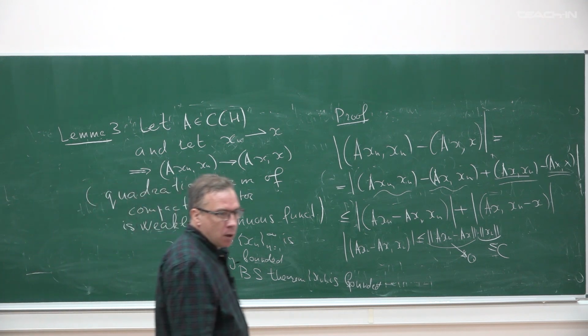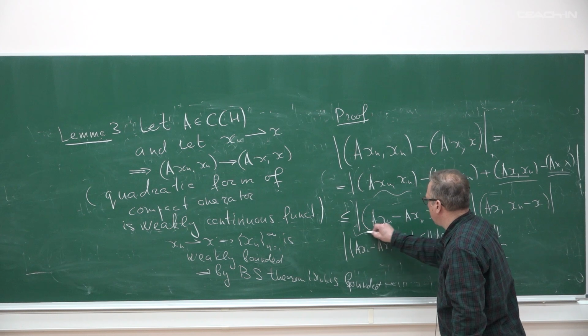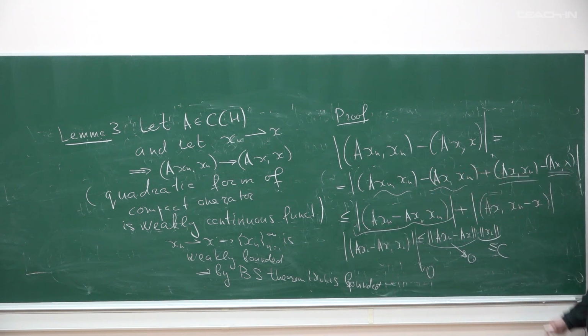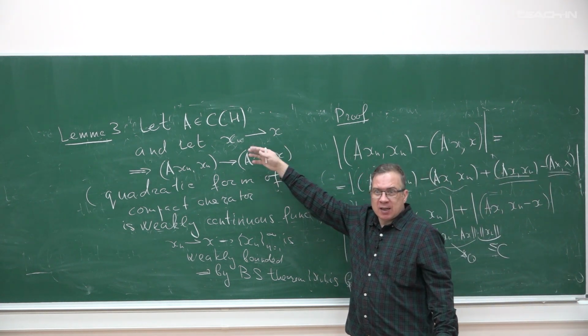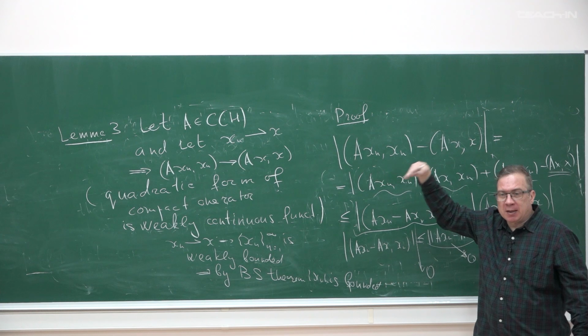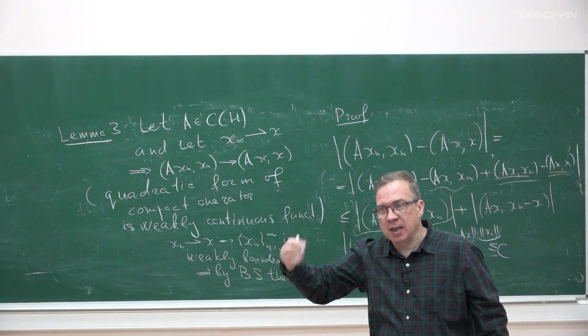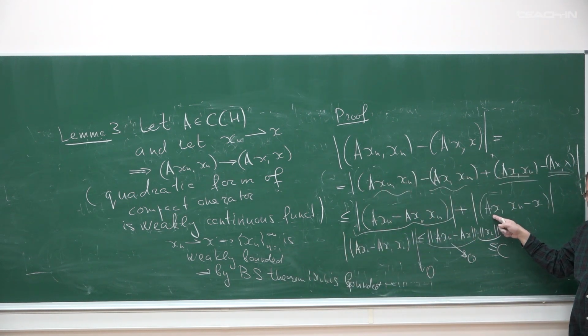So we obtain that this tends to zero. Yes? What about this term? xn weakly converges to x. It means for any functional. But in Hilbert space, all functionals are scalar product with some fixed element. Here the fixed element is Ax.